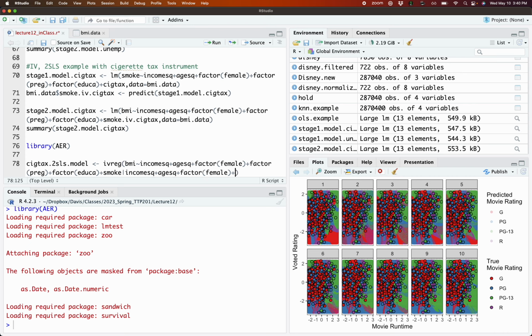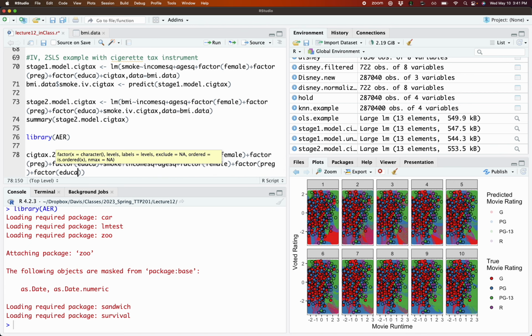So something like this. This is what we just did by hand. So this will do everything at once for you instead of doing each stage separately, and this will calculate the correct standard errors.